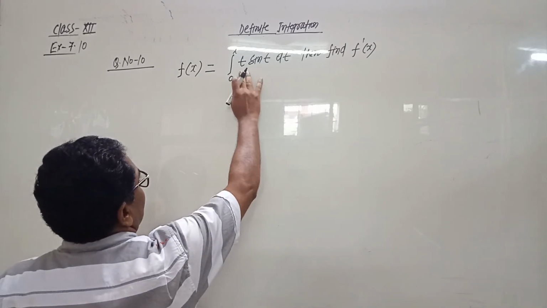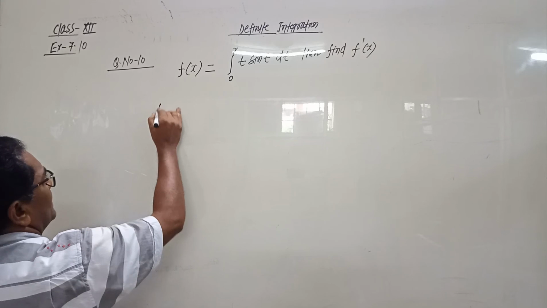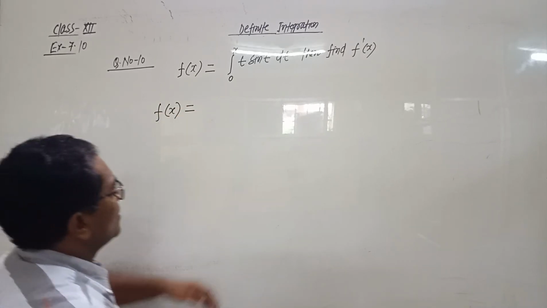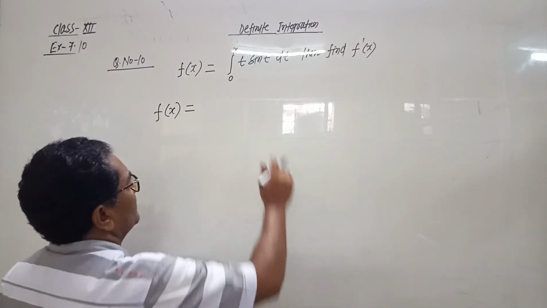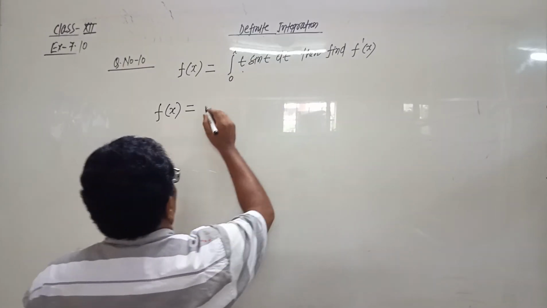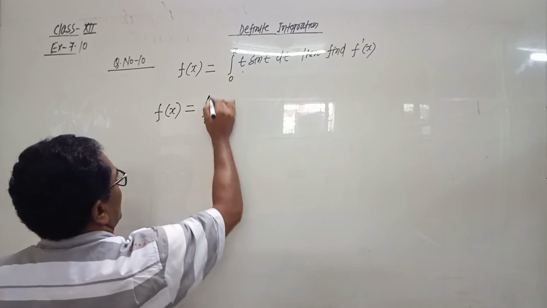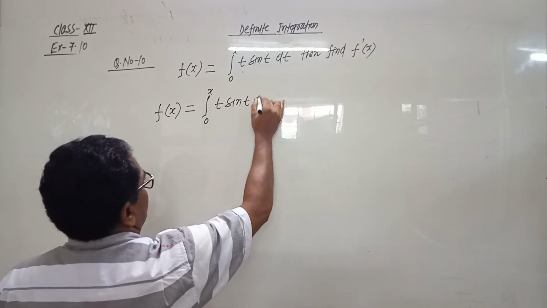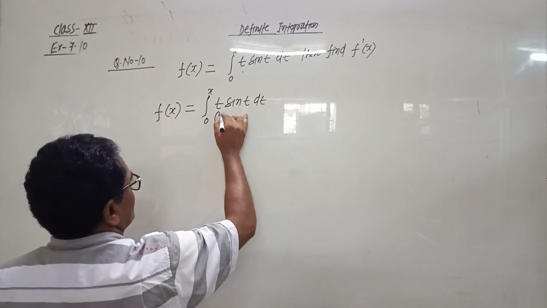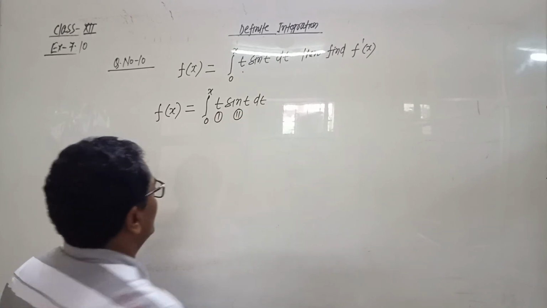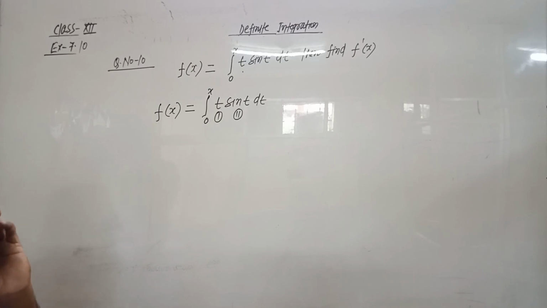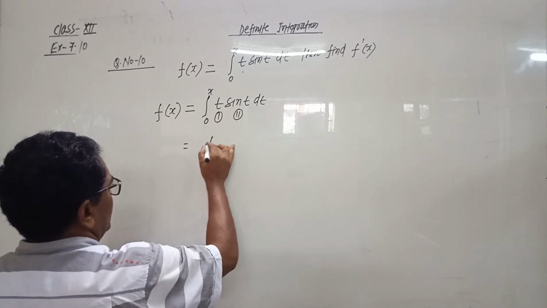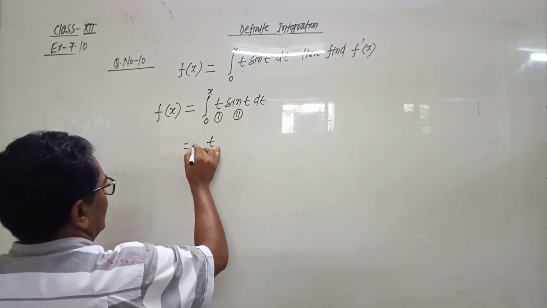So firstly we will integrate this by parts. f of x equals to integral 0 to x of t sin t dt. So t is taken as the first function and sin t as the second function. So first function means t into integration of second.